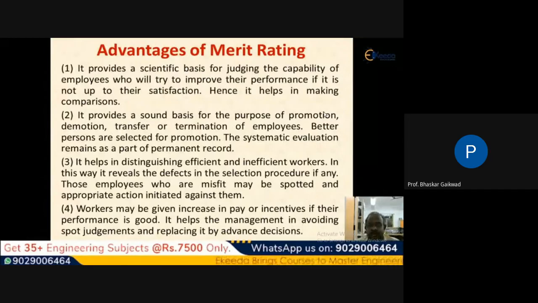It is a sound basis for promotion, demotion, transfer, or termination. It distinguishes the workers who are efficient and inefficient, and shows what defects in them need to be rectified. Whether any incentives or pay hike have to be given to the persons or not, all this is decided based on this merit rating.